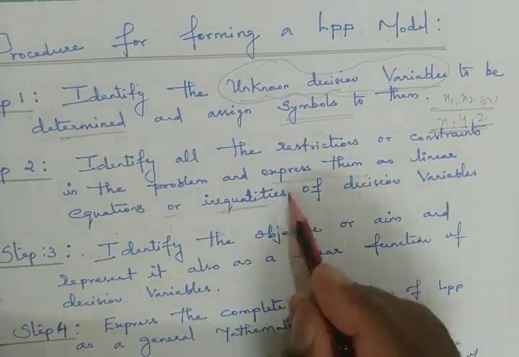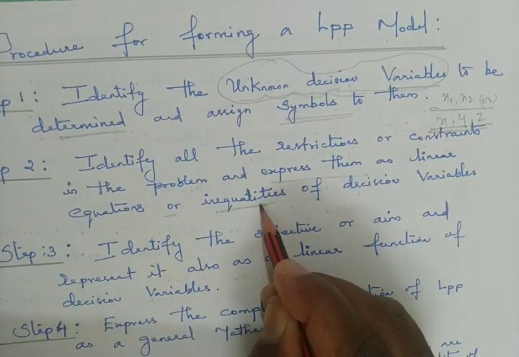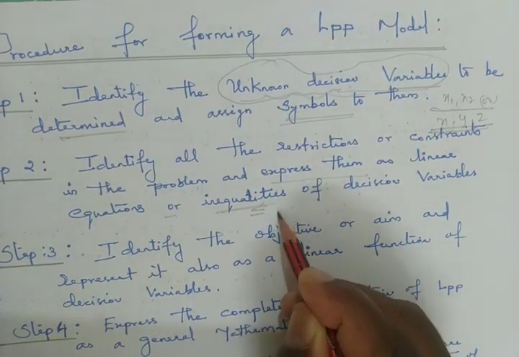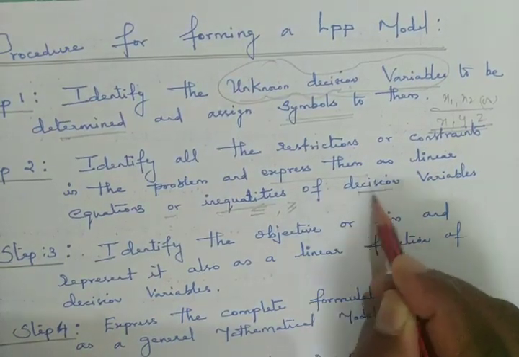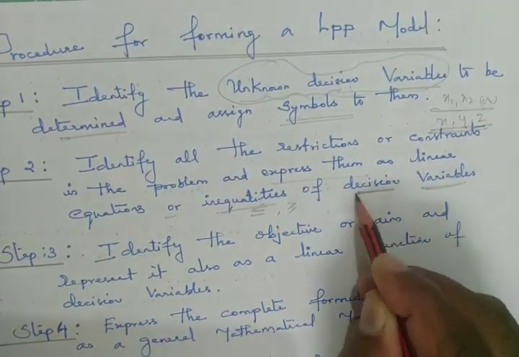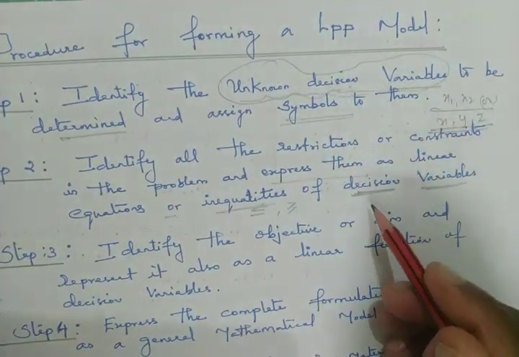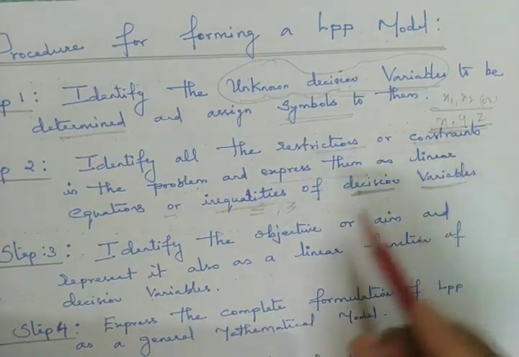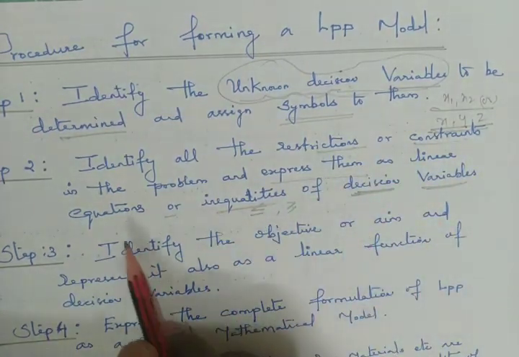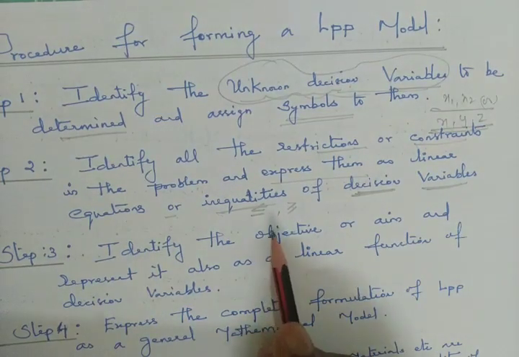I told you that the constraints may come as equations or inequalities, less than or equal, or greater than or equal, in the decision variables. First you find the unknown variables, and by using those decision variables you express the restrictions. Do remember that the restrictions may come as equations or inequalities according to the data given in the problem.